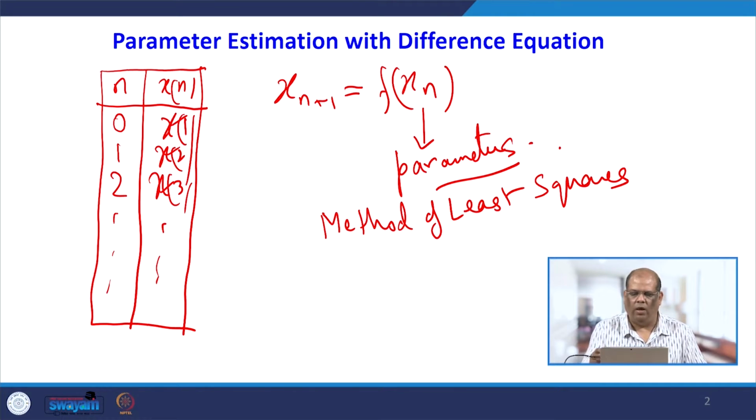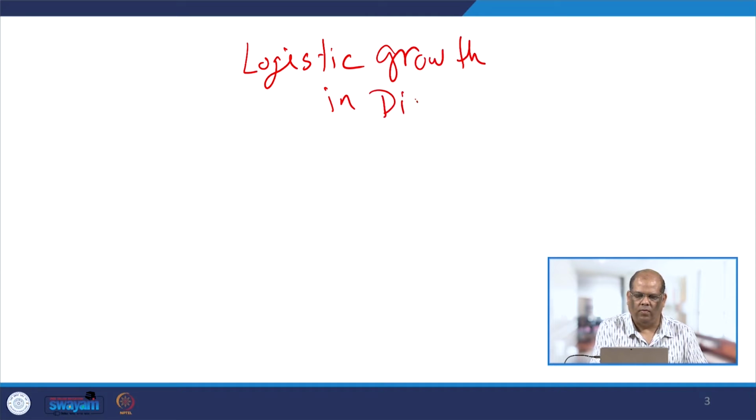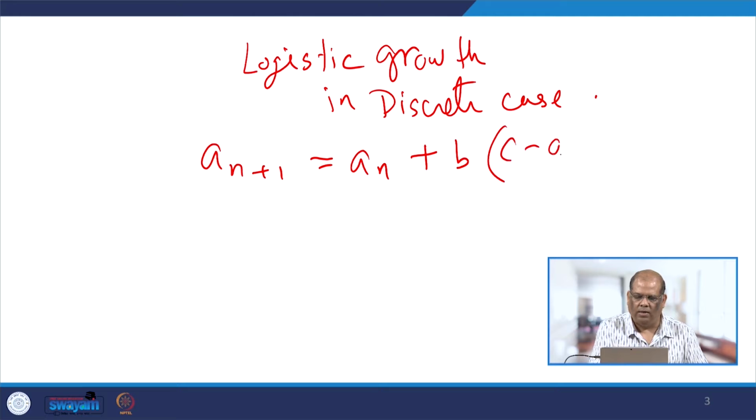So, straightforward, we go to the Excel spreadsheet, but before that let me tell you what equation we will be doing. I will be taking the logistic growth equation in the discrete case, and the equation looks like a n plus 1 is equal to a n plus b times c minus a n into a n, where b and c are unknown parameters.